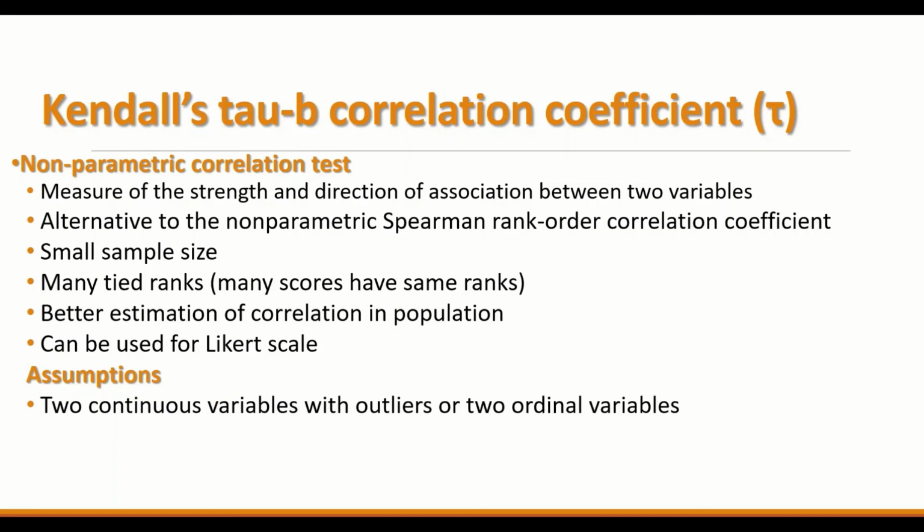The first assumption is that the two variables you have can be either two continuous variables with outliers, which means they are not normally distributed, or two ordinal variables. The relationship between variables is not linear. It is a monotonic relationship.